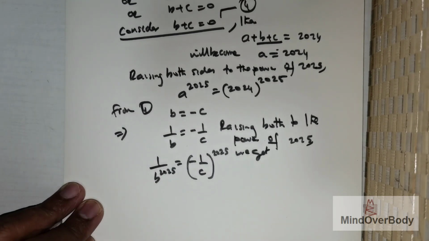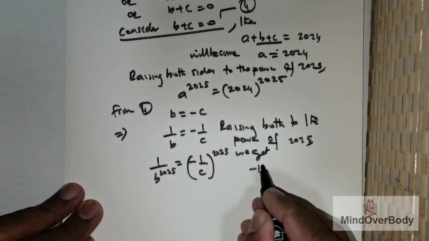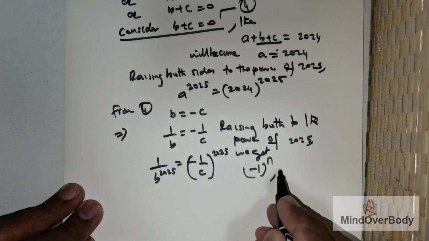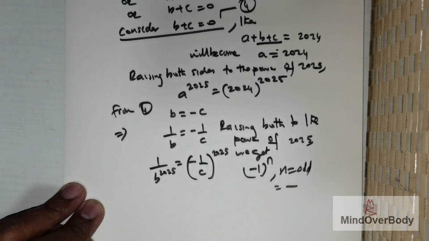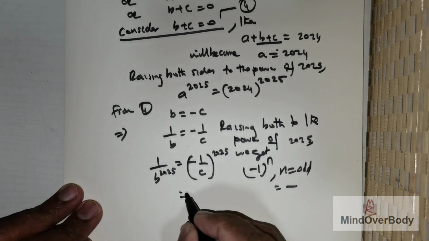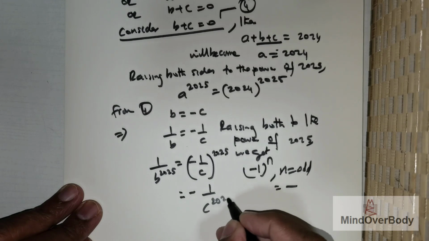Now 2025 is an odd number. So if I were to raise a negative quantity to an odd number, where n is odd, the resultant will always be a negative sign. So this is going to be equal to -(1/C)^2025.